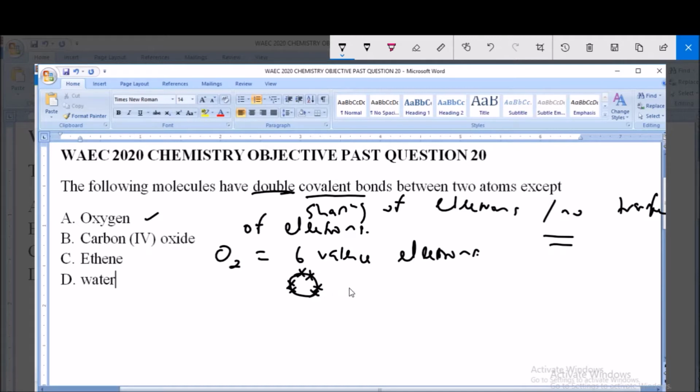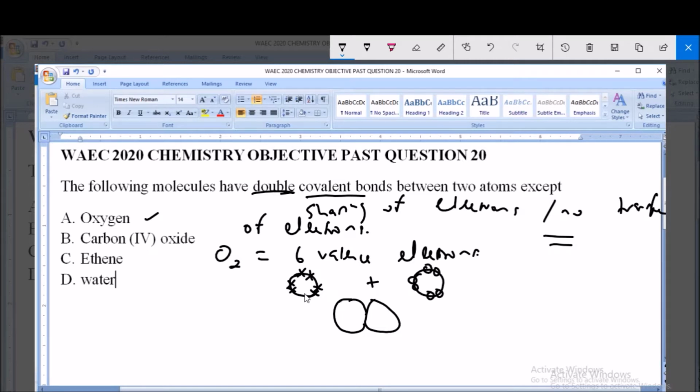So you have 6 valence electrons, and then you have another with 6 as well. So 1, 2, 3, 4, 5, 6. So when they combine, they form something like this.